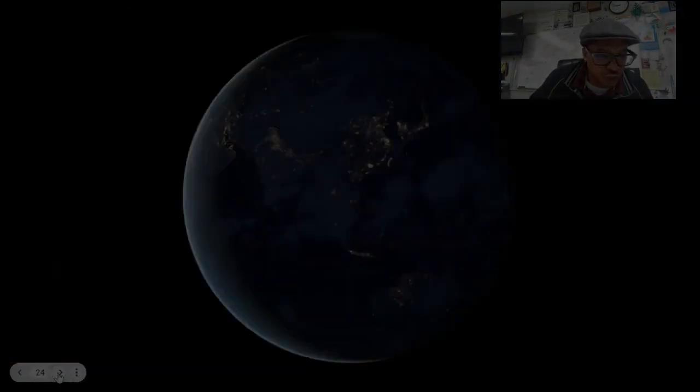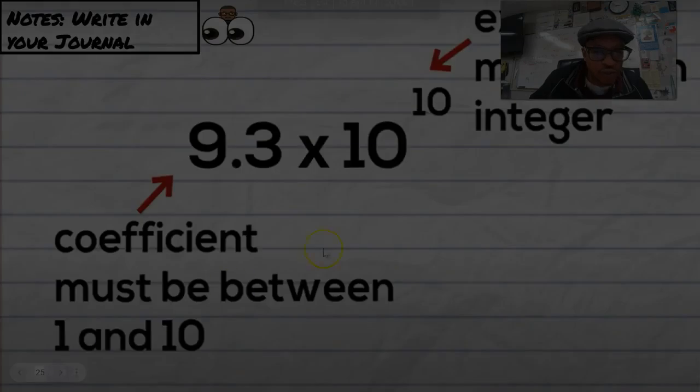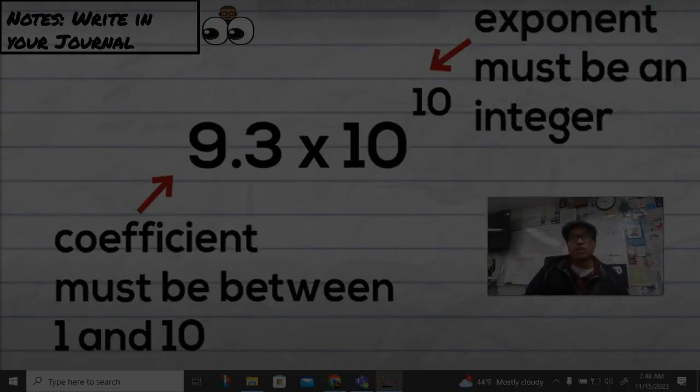Okay, cool. So we're just going to move it along. Take this as a note right here. Again, I'll walk through this again. The idea is that the coefficient, whatever's out in front when we do the scientific notation, must be between 1 and 10. So if you look right here, this is between 1 and 10. So 9.3 times 10 to an integer.